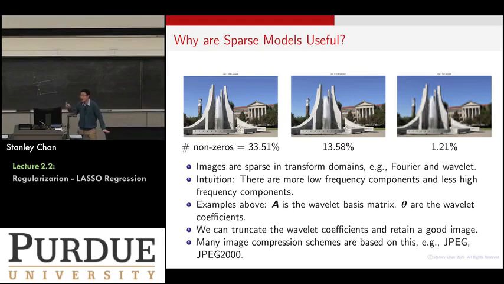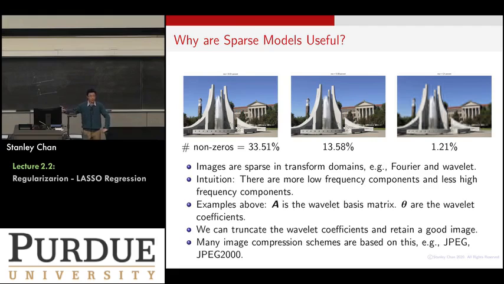Okay? Now, if I bring the non-zero percentage down to 13%, I can still see a pretty good image. Even if I go to just 1% of the entire image, okay? The entire image could be a megapixel image, and then that means you have a megapixel of variables. I throw 99% of them away, just use 1%, I can still get a decent image.